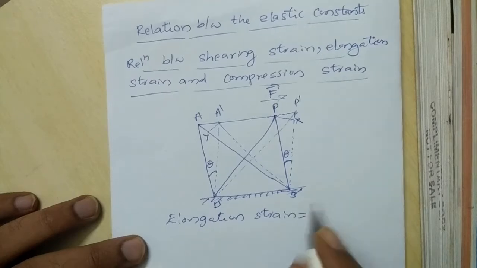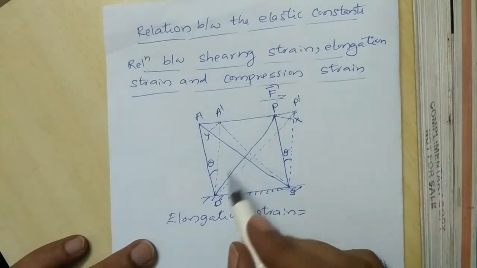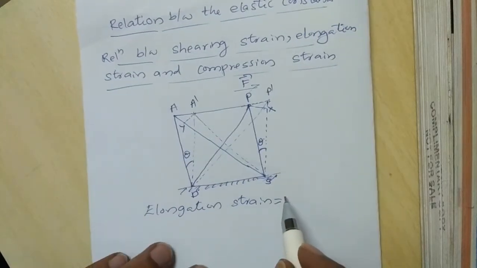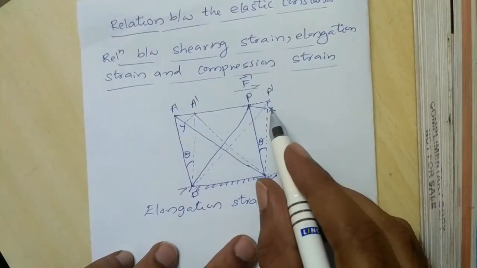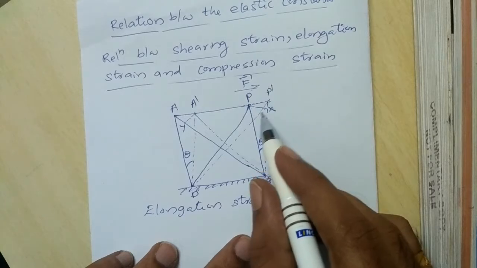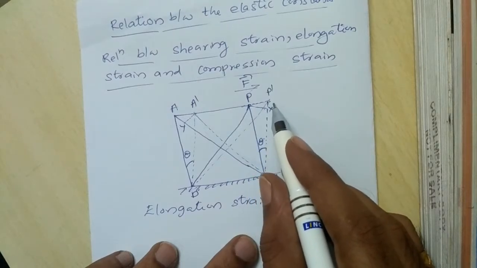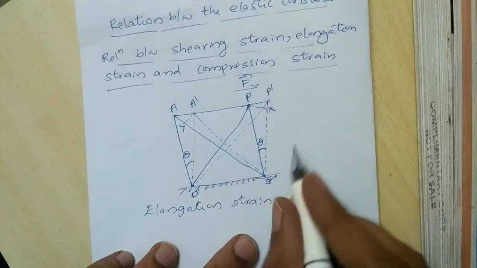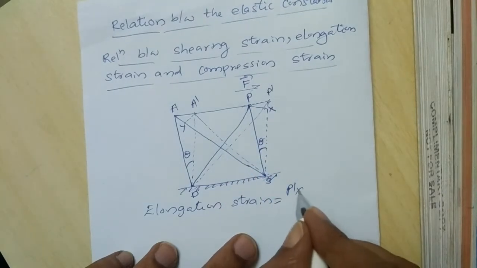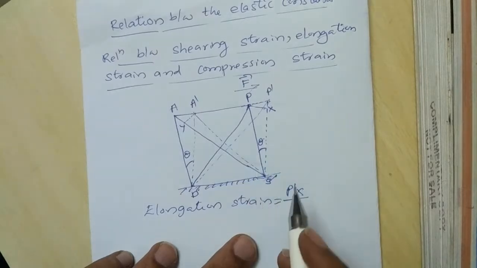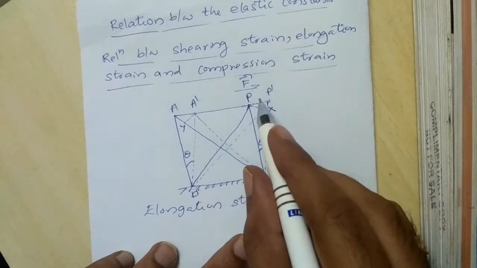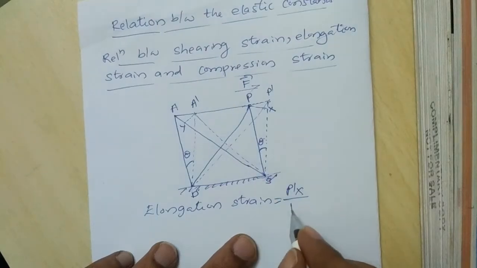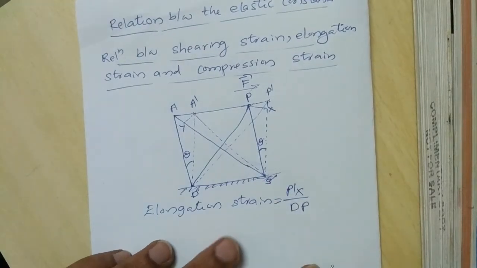So when we consider this diagonal DP, the elongation strain is equal to P dash X, that is the extension taking place, right? Strain is the change in dimension to the original dimension. So the change in dimension is P dash X. The original dimension was DP before I apply a stress. So DP is the original dimension.